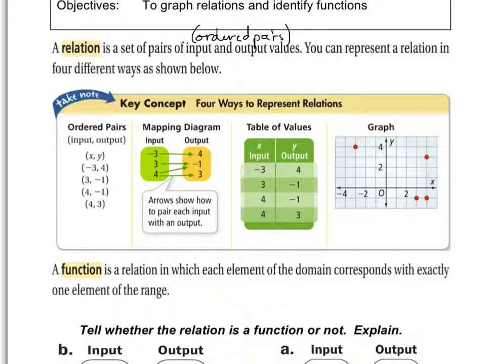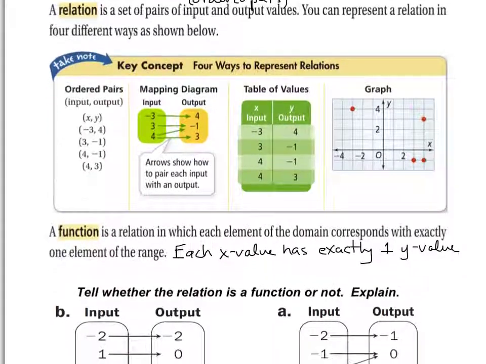Now, there's some vocabulary there, again, domain and range, which we're going to talk about, but simply put, means each X value has exactly one Y value. For example, if your X value was 3, your Y value was 1, 3 can only go to 1. 3 can't go to multiple numbers. And you'll see here in an example in just a second, okay, what that means.